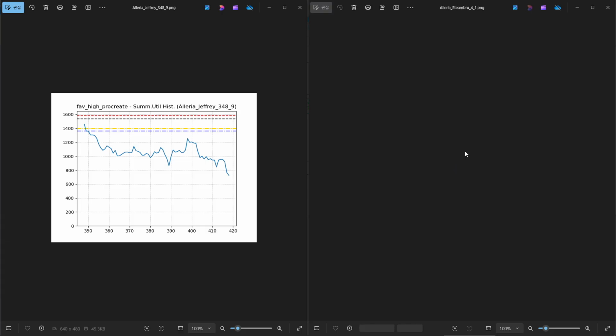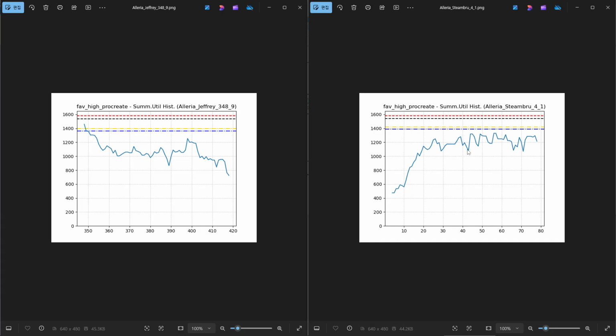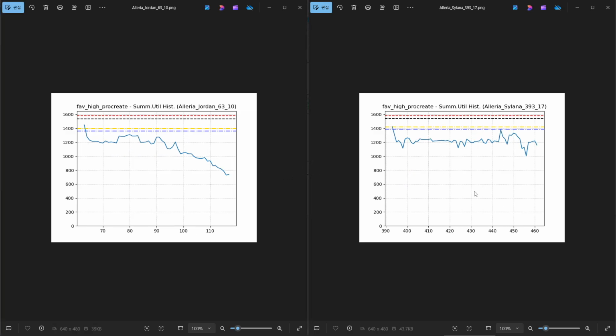And again, in a later video, I'm going to talk about a way to assess all these plots collectively, so that I don't have to go through all of the plots, because there are always tens of thousands of plots to go through, and it's very time consuming.